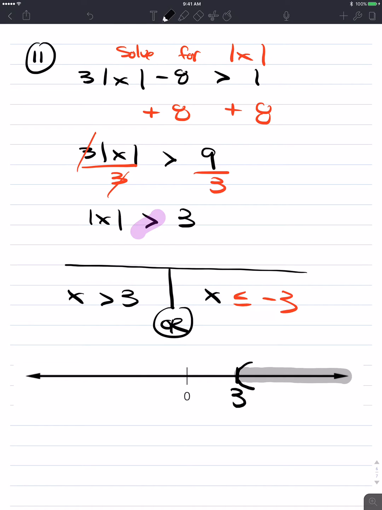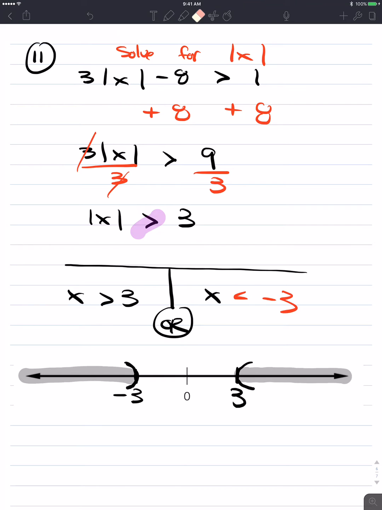Numbers less than or equal to negative 3, on the other side, we first begin by describing numbers that are less than negative 3, and those are numbers that live to the left of negative 3. Again, we use a parentheses because we do not include the negative 3. This is numbers less than negative 3.